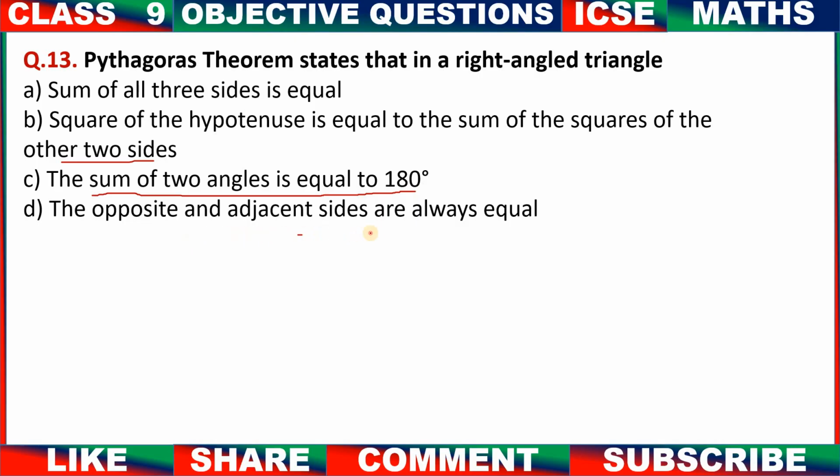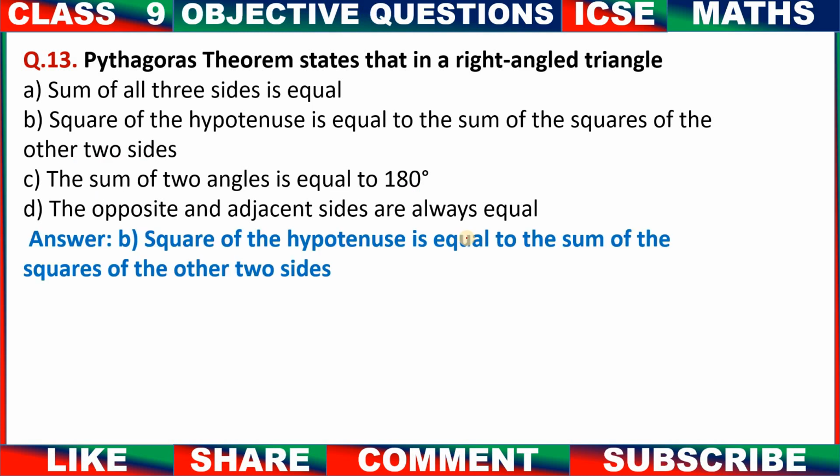The opposite and adjacent sides are always equal. Its correct answer is option B. Square of the hypotenuse is equal to the sum of the squares of the other two sides. So option B is the correct option.